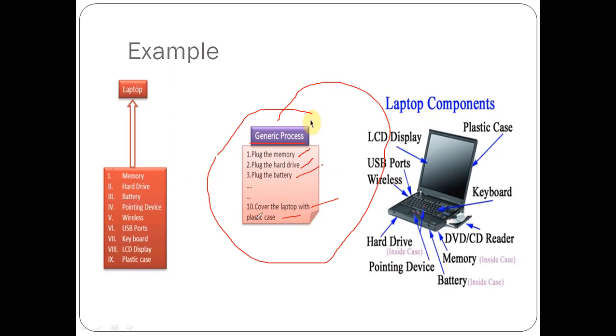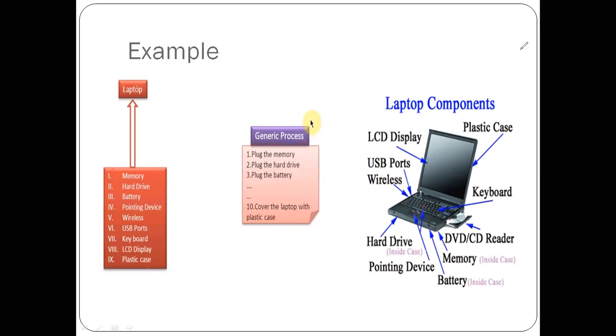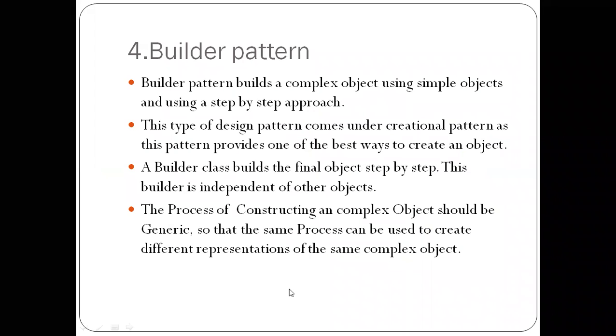So like this, we can build the construction process here. Again, we'll see the definition. Here the process of constructing a complex object should be generic.